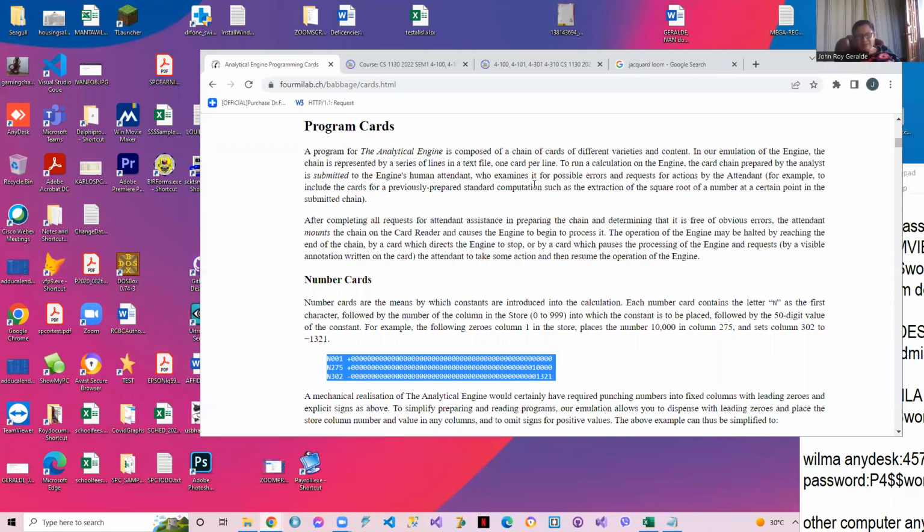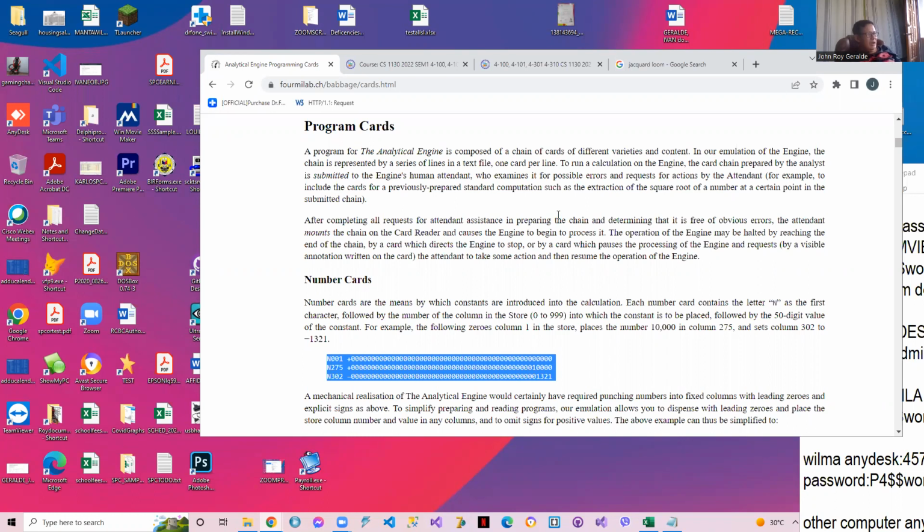The author writes the news, and then the script editor checks for mistakes. So the attendant checks the series of cards submitted by the analyst for possible errors. If there is an error, they will have to change the whole deck at a time. You can't remove a card and then replace it with another.